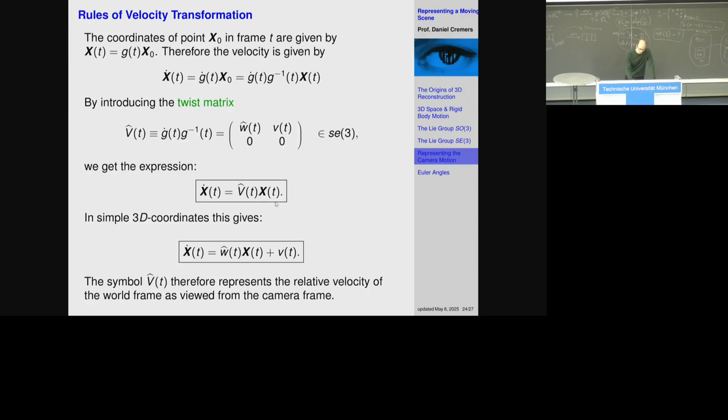You can also go to 3D, and I sometimes do that. Often we work in homogeneous coordinates, but you can always map things back to 3D coordinates, right? And then you plug in this twist matrix, and obviously you can write it as w hat times x plus v. And so these twist matrices, v hat, these 4x4 twist matrices from the Lie algebra, represent the relative velocity of the world frame as viewed from the camera frame.